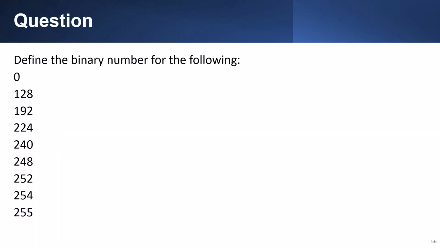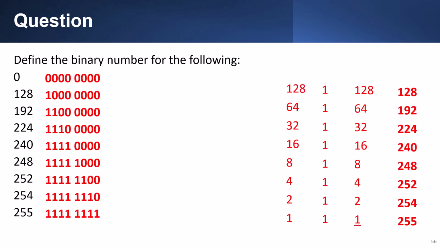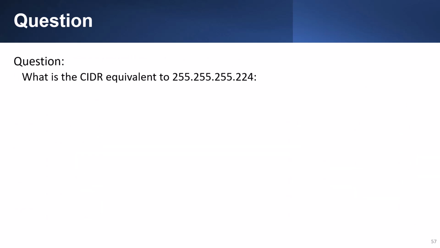Question: define the binary number for the following. Answer shown on the screen. Question: what is the CIDR equivalent to 255.255.255.224?